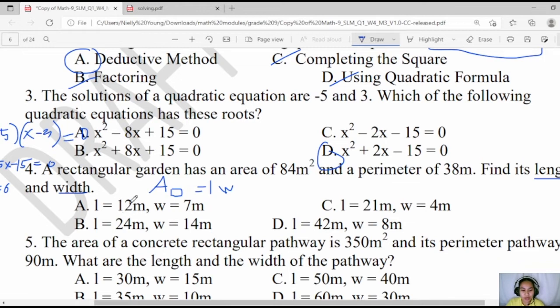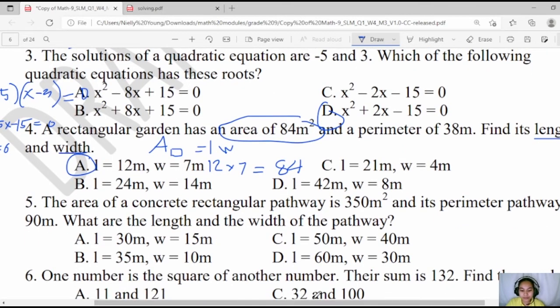So let us try length as 12. So this is 12 times the width, which is 7 meters. So 12 times 7 is equal to 84. Since the area is 84 and our 12 times 7 is also 84, the length and the width here is letter A.